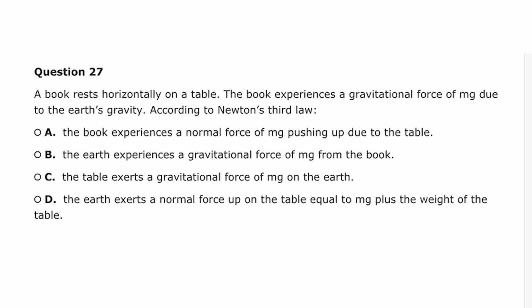Yes, the book is exerting a force onto the Earth, but it's through the table. And so could you say the book is exerting the force or not? The table obviously is connected to the Earth closer than the book. So I'm going to go with C because my brain hurts at this point, and I'm just going to move on.